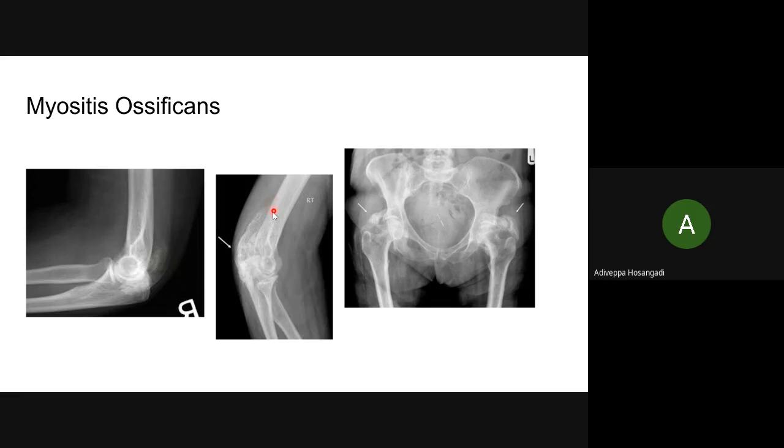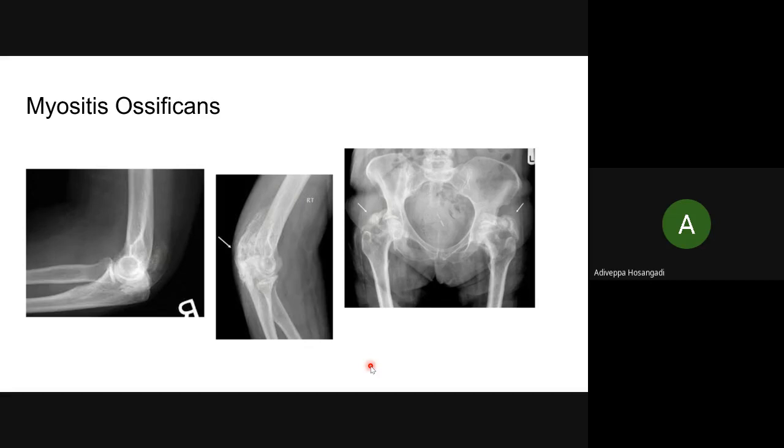Don't confuse this for an osteosarcoma. This is not fitting into any kind of periosteal reaction. Look at this: it is forming a bone bridge from the acetabulum to the greater trochanter, myositis ossificans. So what is myositis ossificans?